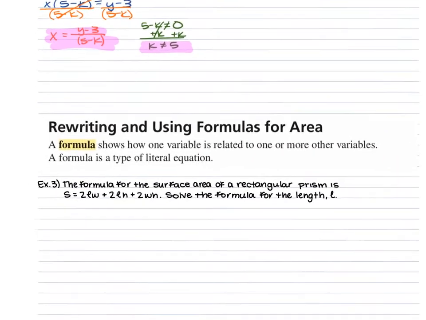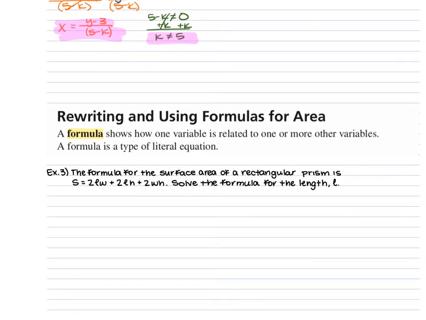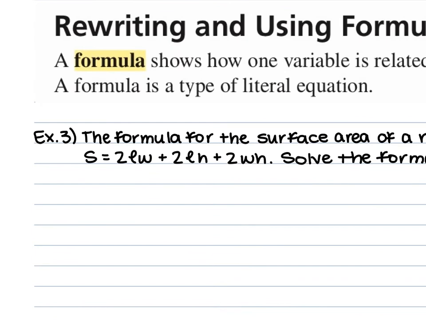For example 3, we are rewriting the formula for surface area to solve for the length. So if we look here, our formula is S is equal to 2LW plus 2LH plus 2WH. So what we want to do is first move that 2WH over in order to get our terms with that L on the same side.